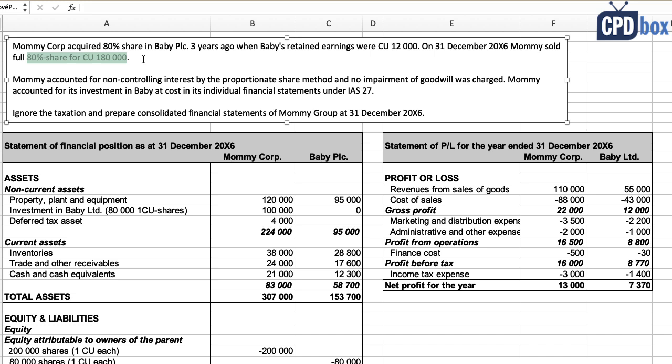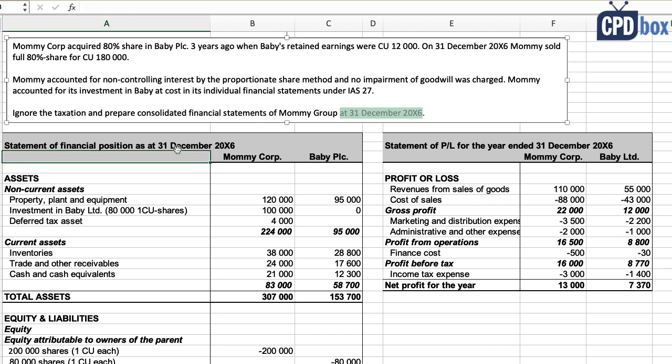Again, let's assume that control was lost. Mummy accounted for non-controlling interest by the proportionate share method and no impairment of goodwill was charged. Mummy accounted for its investment in Baby at cost in its individual financial statements under IAS 27. Ignore taxation and prepare consolidated financial statements of Mummy Group at 31st December 2006.